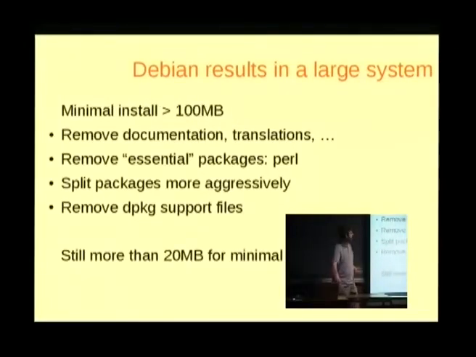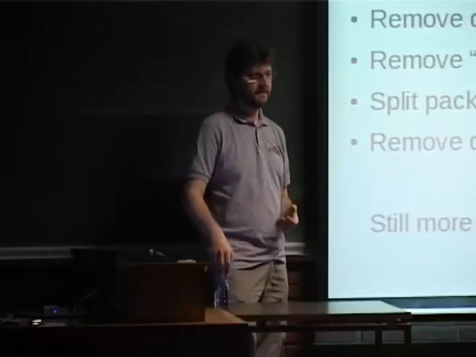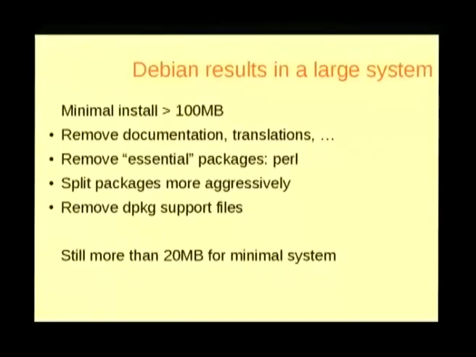Okay, then the second issue was that a minimal Debian system is already pretty large, and then you don't have any GUI, for instance. The reason that you use a distro is because it has a lot of packages, and you don't have anything yet. Well, just the shell, basically. So how can we make this smaller?